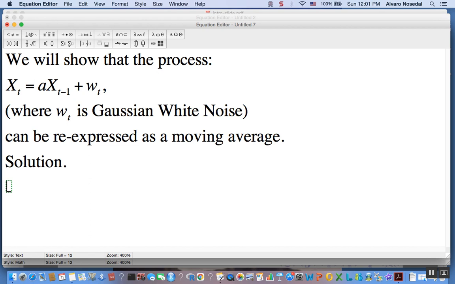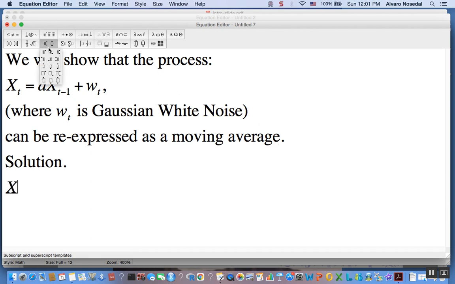So let's consider a moving average. It's kind of crazy the first time that you see it like that. But remember, you guys have experience with this. So let me define a new time series, a new process that goes like this.